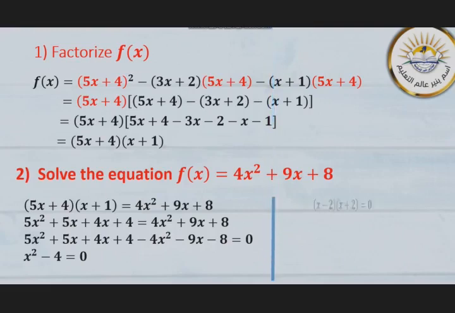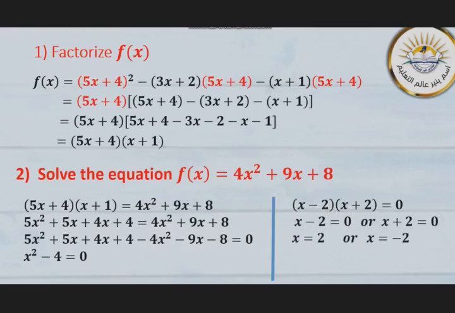As we know, 4 is equal to 2 squared, so we consider it as a squared minus b squared, which gives a minus b times a plus b. So (x minus 2) times (x plus 2) is equal to 0. Each factor is equal to 0, and we get two answers: either x is equal to 2 or x is equal to minus 2.